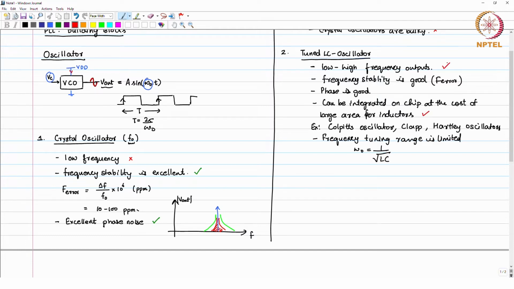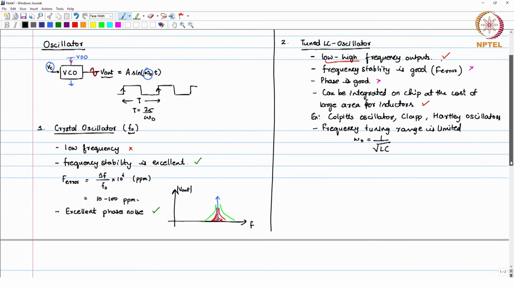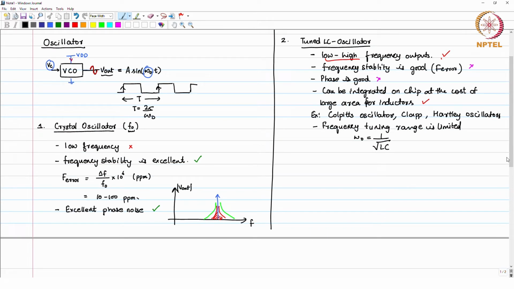You get a wide range of frequencies during the design process. So, this is low to high frequency output during the design process. Once you have designed the oscillator, you cannot tune that frequency. That is, the frequency tuning is very limited. So, these are the good parts about your tuned LC oscillators. The bad part with respect to your crystal oscillators is these two things are not that great.